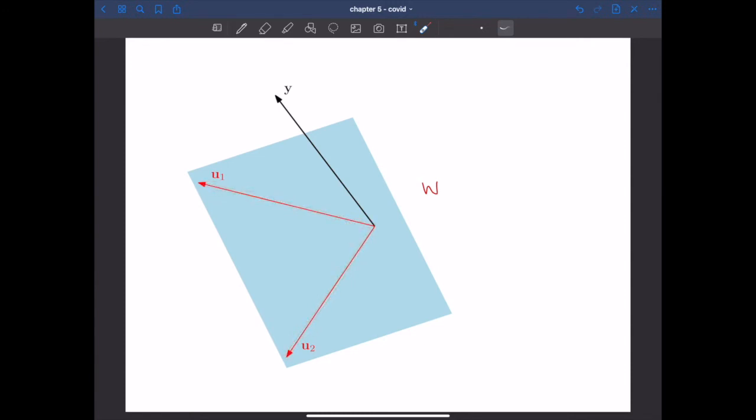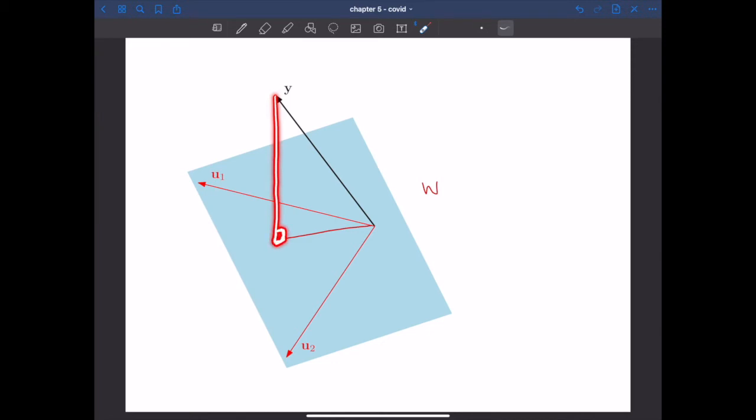So even though the vector y doesn't live inside the plane, what we can do is find a vector that does live inside the plane that gets as close as possible to the vector y. Now, the way we would find such a vector is we would start at the vector y, and we would draw a line down to the plane that intersects the plane at 90 degrees.